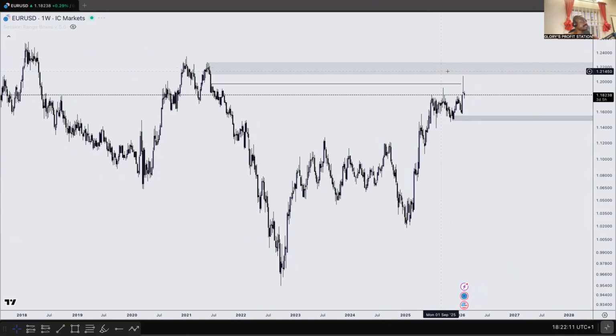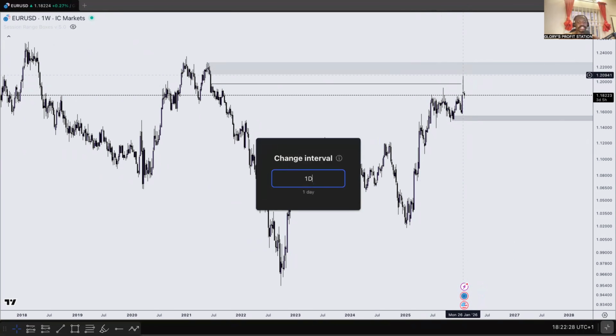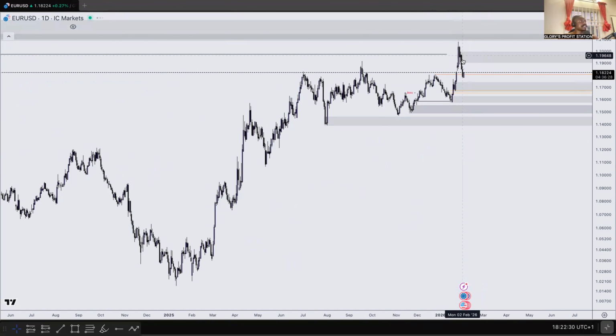The market is not really touching the area of supply. However, it came into that area, so we can count that as sweeping liquidity and coming into the area of supply. And after that, what did it do? On the daily time frame, we see a massive push to the downside.